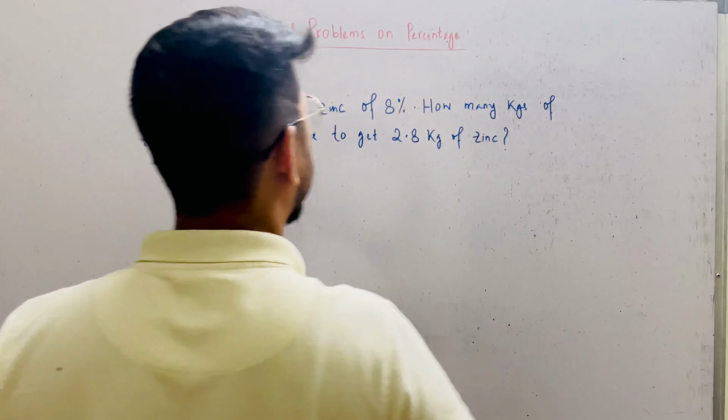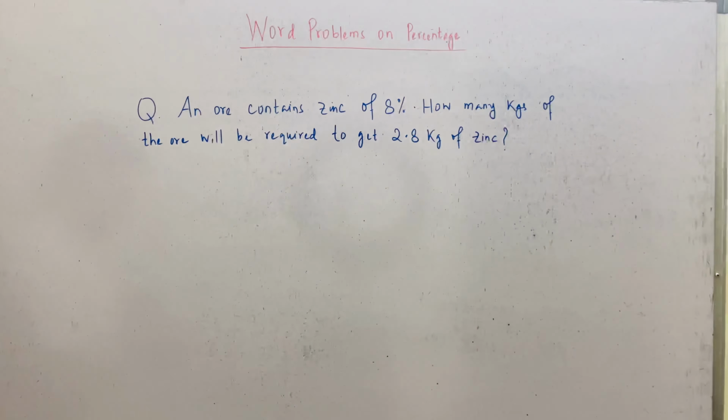So here is the next question. An ore contains zinc of 8%, how many kgs of the ore will be required to get 2.8 kgs of zinc?